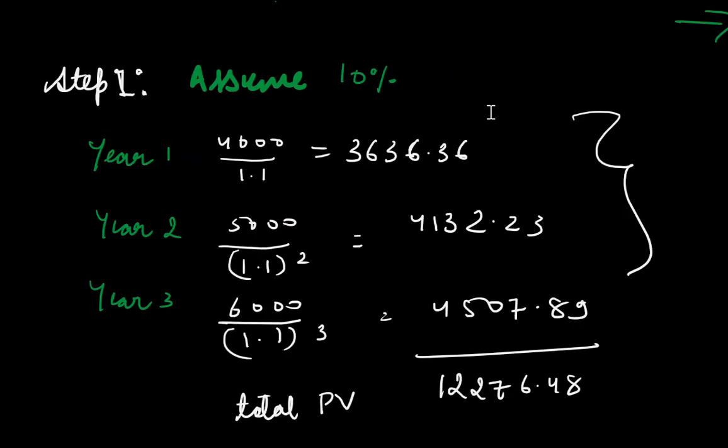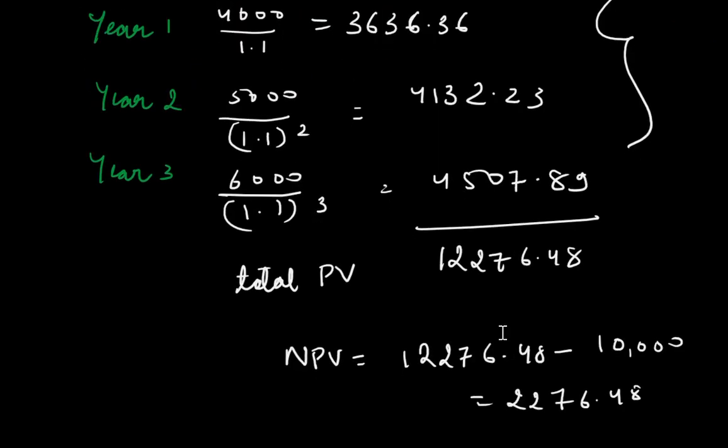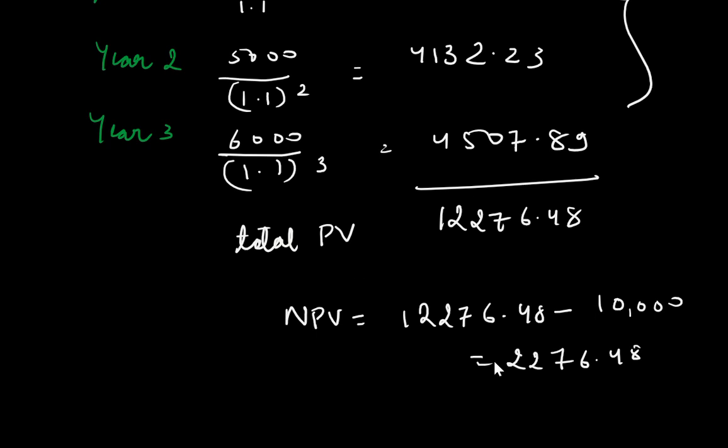So we have calculated and we have basically got the total of 12,276.48. So our NPV is basically total present value minus initial investment. So we are left with a positive NPV of 2,276.48.